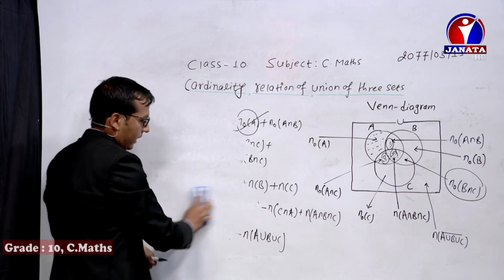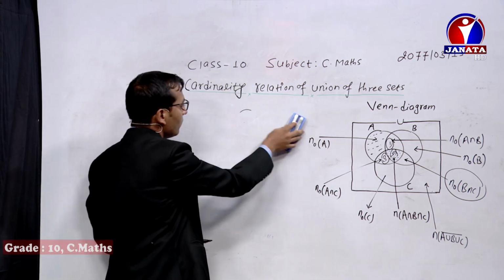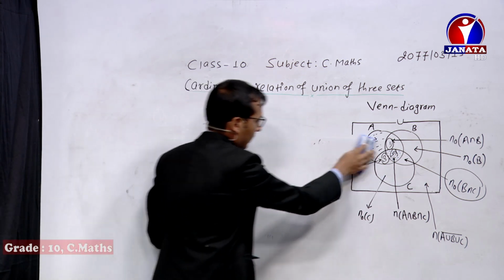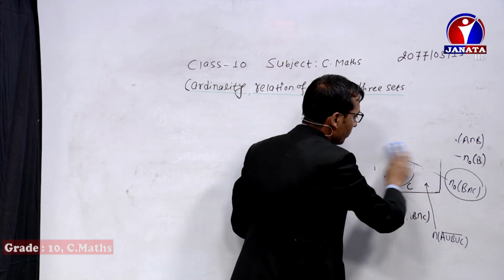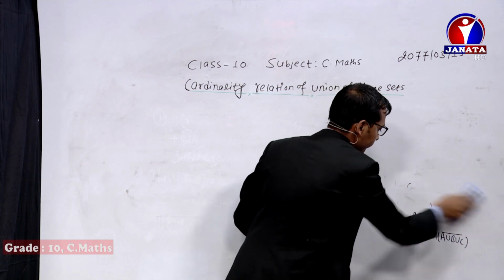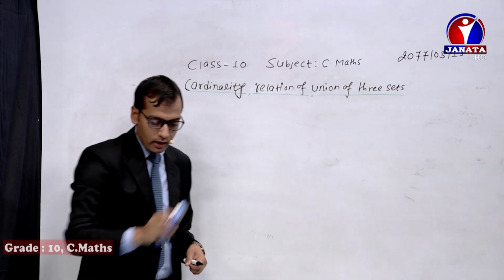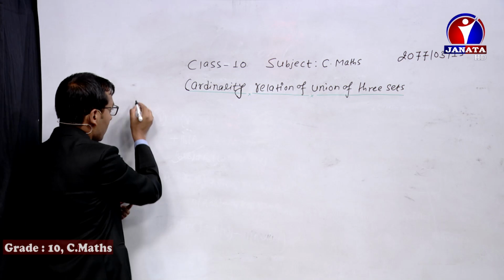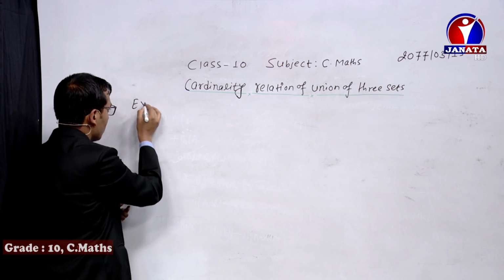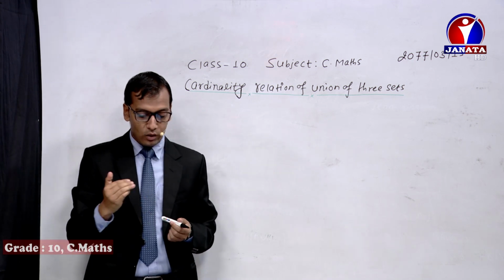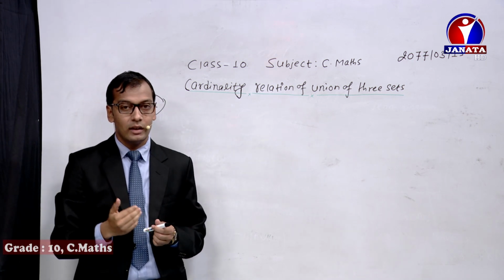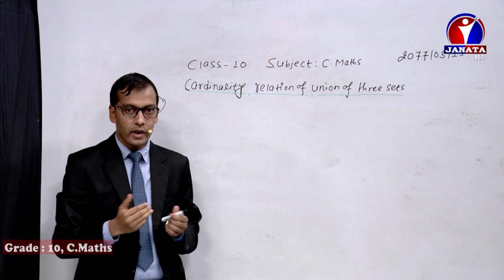We can see the question on the screen. Let's read the question and write down the information mentioned in the question. Example number 1. Now I am reading the question.